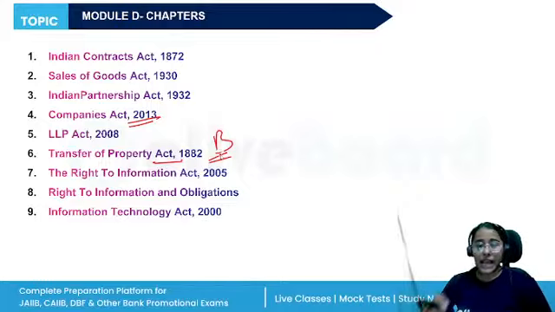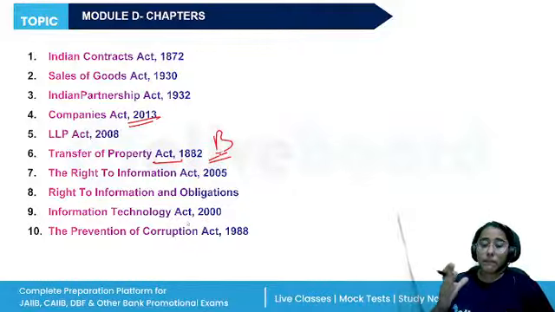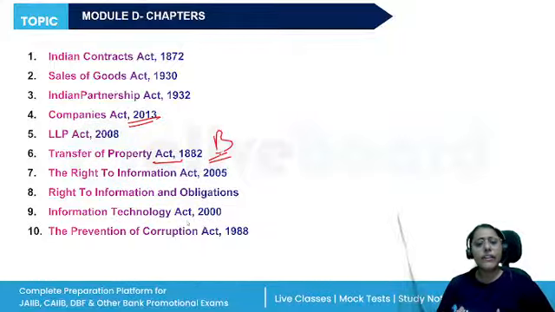All right. And then the last unit of module D, which is the Prevention of Corruption Act. So, what role does the bank play? What are the powers to inspect the banker's books? How the offenses and penalties are determined? Fixing of the fine. All of these things are covered in your module D.